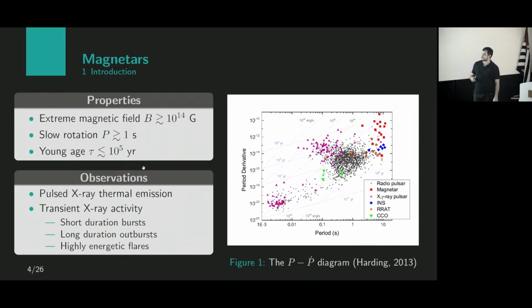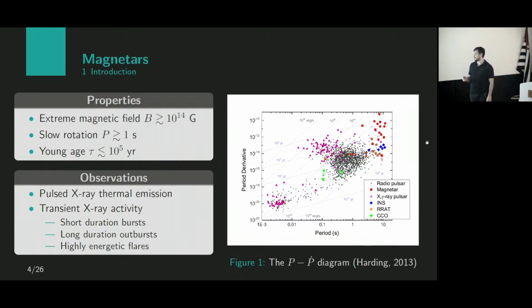So all these characteristics position magnetars in this P-Pdot plot, where we usually put all the population of neutron stars. Here in the upper right corner, these red rectangles are the objects that we are interested in.